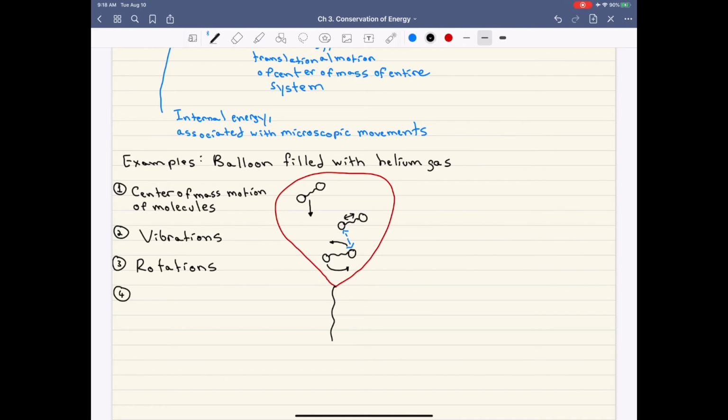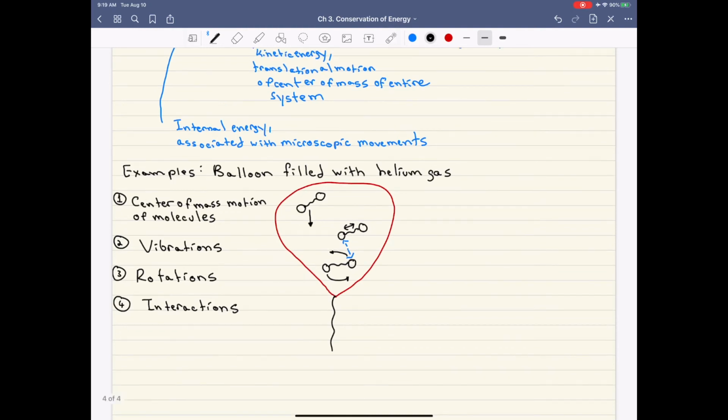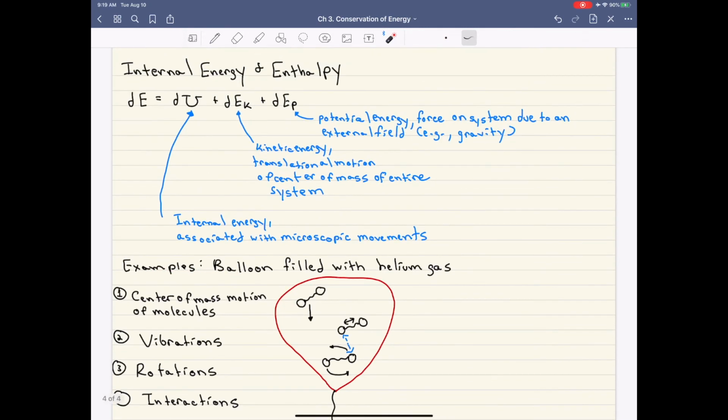And the characteristics of this attraction will also be described by the internal energy. All right, so we have 4 different types of microscopic movements that we need to consider, and all 4 of these are captured in our internal energy term.